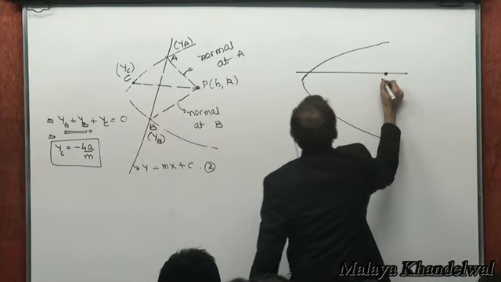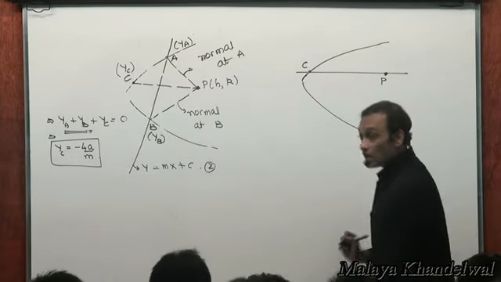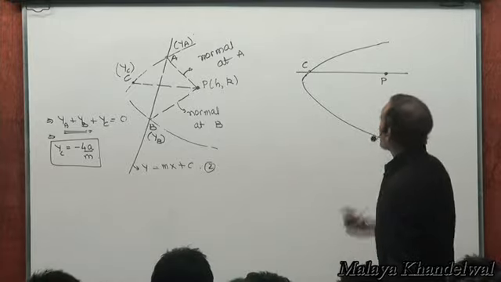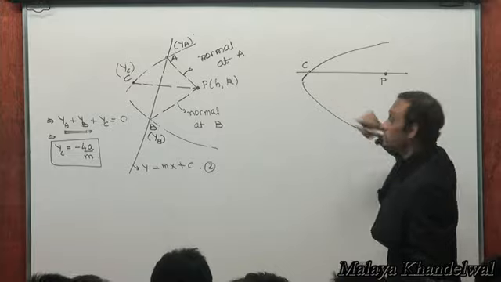Which means now the point P, this is C. Can I say that PC is a normal?